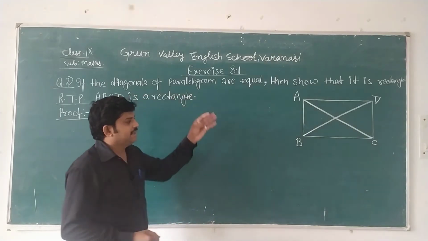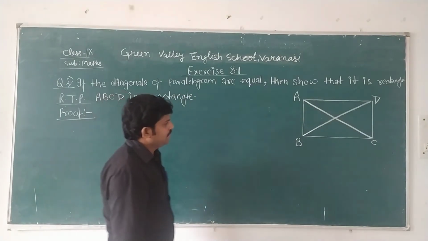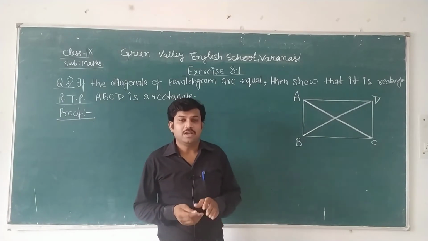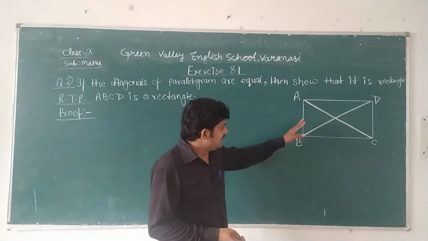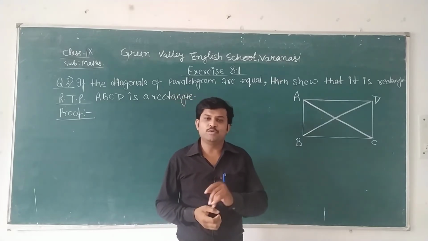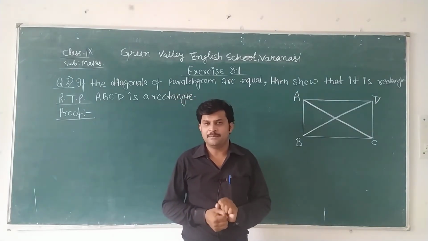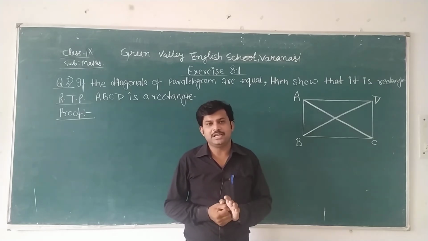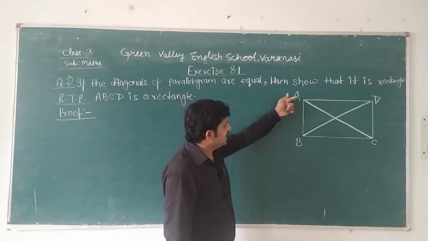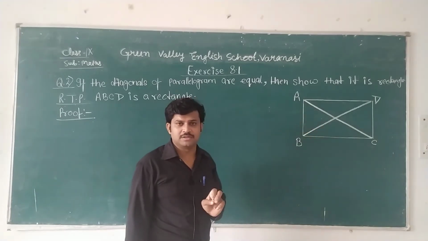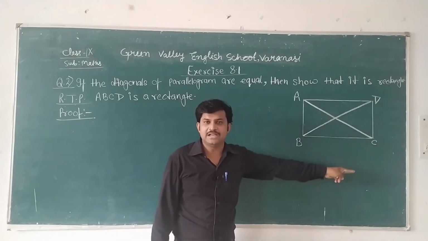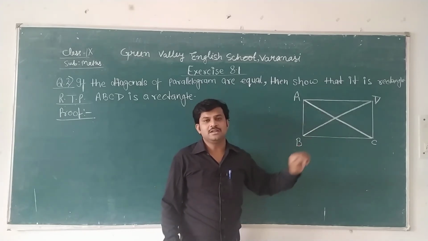And what is a rectangle? If each angle of a quadrilateral is 90 degrees and opposite sides are equal and parallel, then that type of quadrilateral is known as a rectangle. Here ABCD is a parallelogram, and we will prove it is a rectangle when both the diagonals are equal.